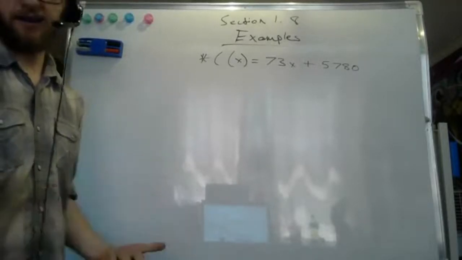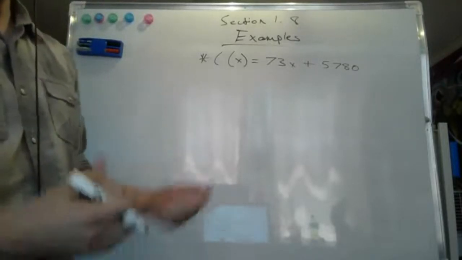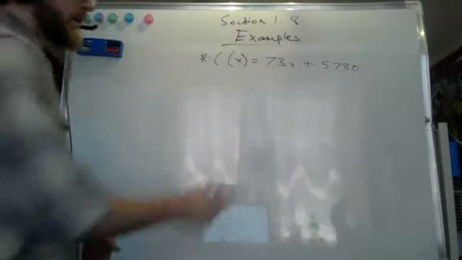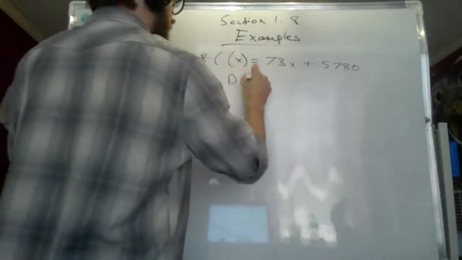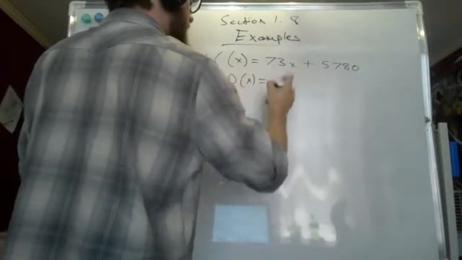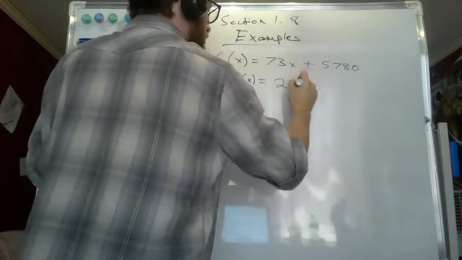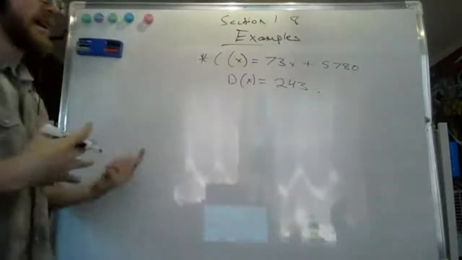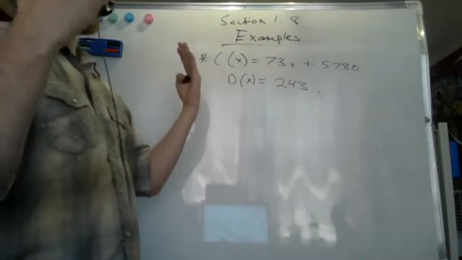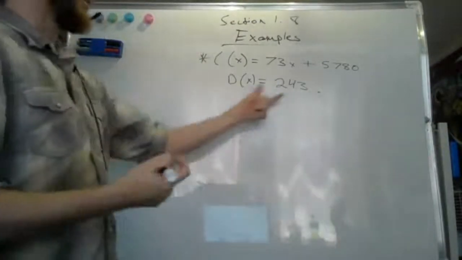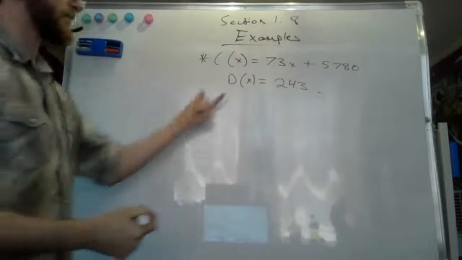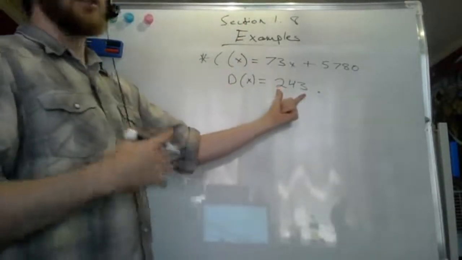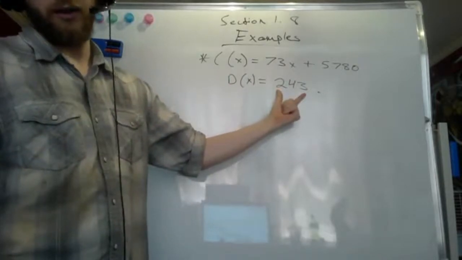So there's our cost. Next, we're told that each item can be sold for $243. That's a price. That's a demand. Now it didn't say anything about if you have more X that the price will change. It's saying the price is just always $243.